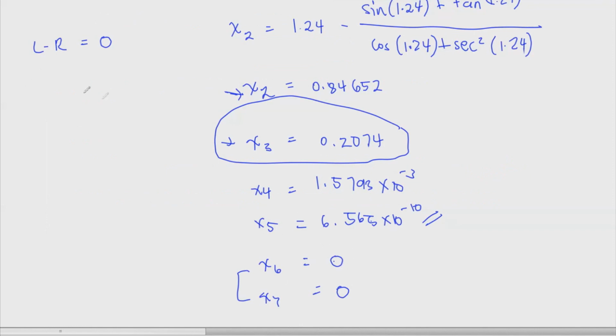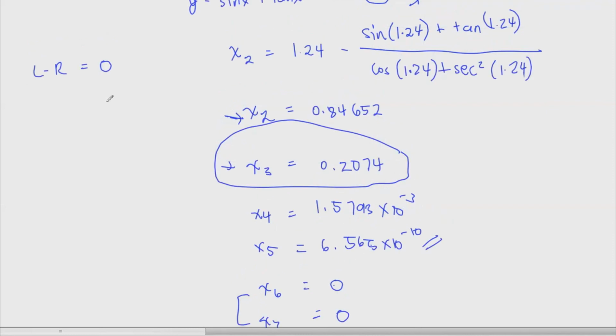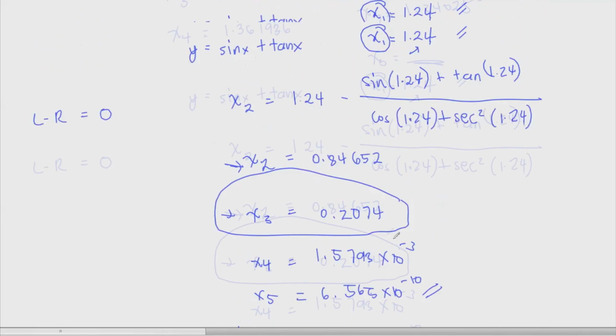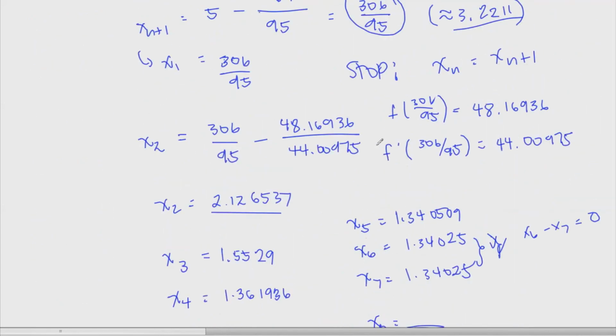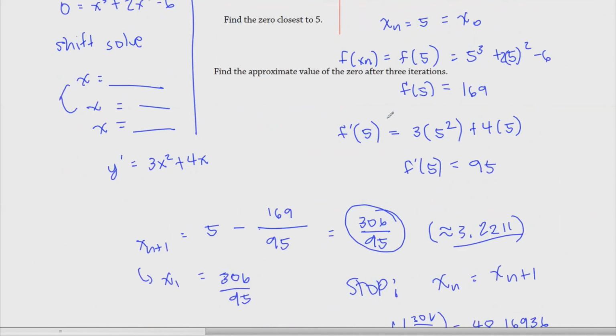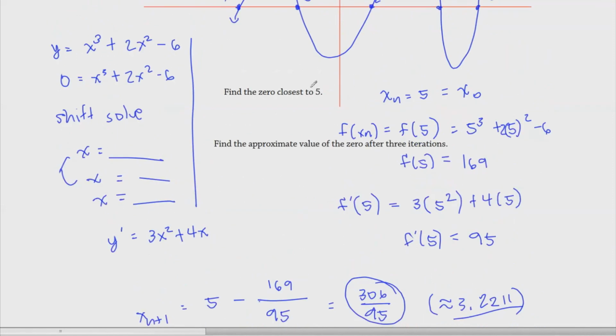But what if you're asked, how many times do you have to iterate in order to get the first real 0? You should be answering something like 7th, because at 6th it's 0, so you have to check on 7th if this would really give you the same value. That's the same concept if you're asked, from problem number 1, how many iterations you have to do in order to get the 0 that is closest to 5.